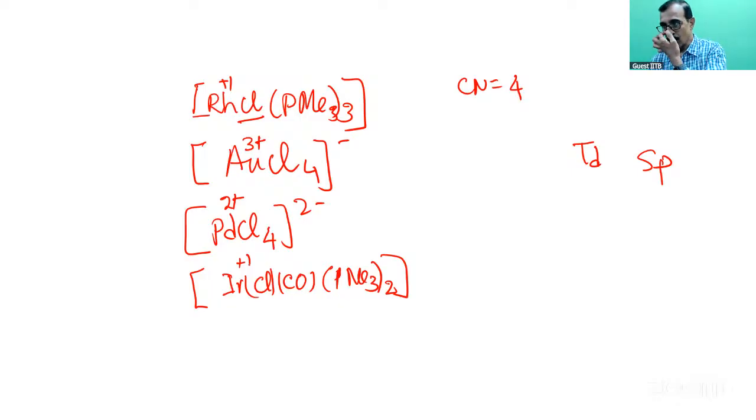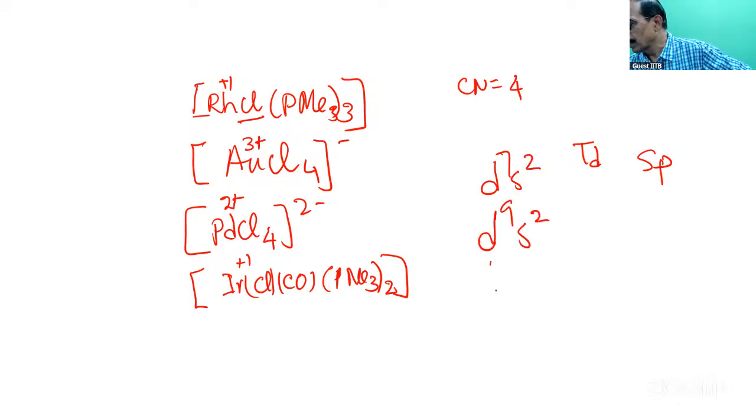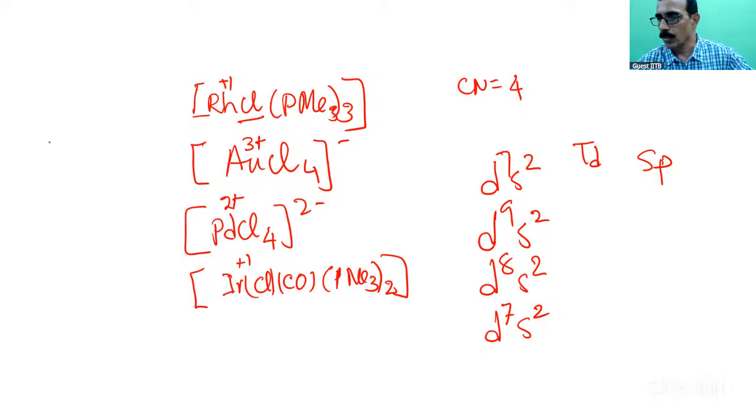In this case, you know that this is D7S2, and this is D9S2, and this is D8S2, and this is also D7S2, because you have cobalt, rhodium, and iridium. They are all same. Now if you take one electron out, it becomes a D8 system.